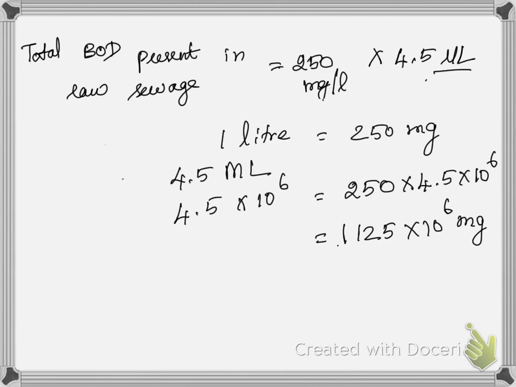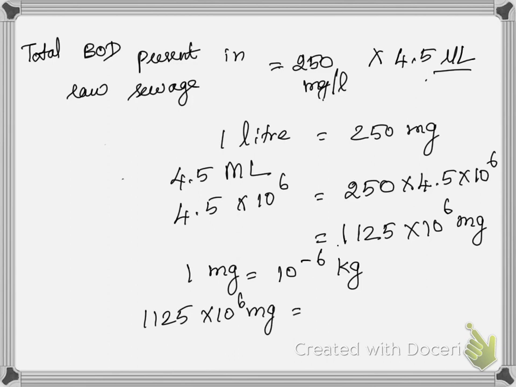But all your loading should be in kilogram. So 1 milligram will be equal to 10 power minus 6 kilogram. So you are going to convert this: 1125 into 10 power 6 milligram is equal to how much kilogram? 1125 into 10 power 6 into 10 power minus 6, which is going to be 1125 kilogram.